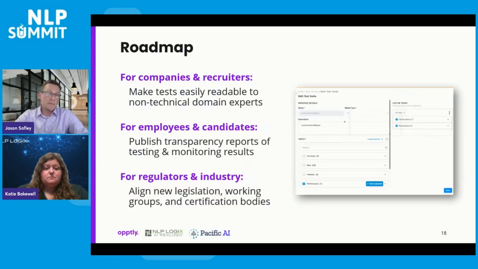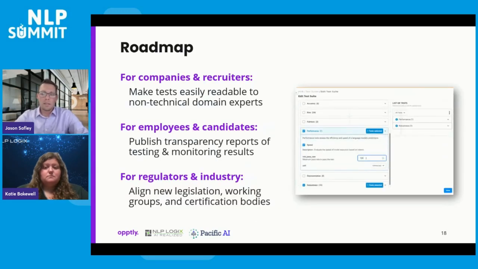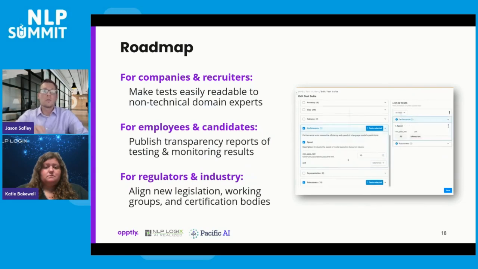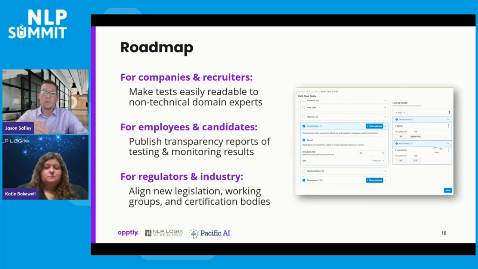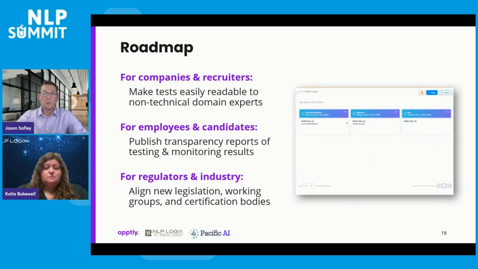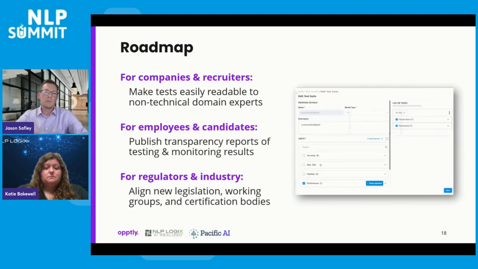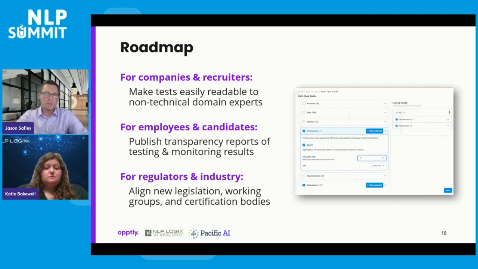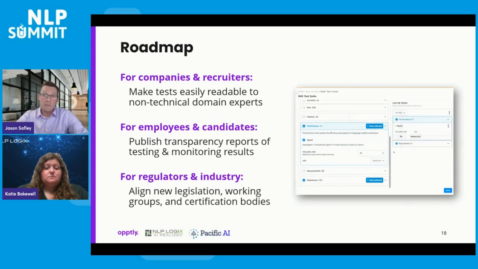And then the final piece of this: there's always room on the roadmap for additional development. A lot of this is really around providing additional transparency for different personas that would use this information. Companies and recruiters need readable, non-technical information for domain experts. Employees and candidates need a level of transparency about how their information is being used and how results are monitored. And then finally, the regulators.